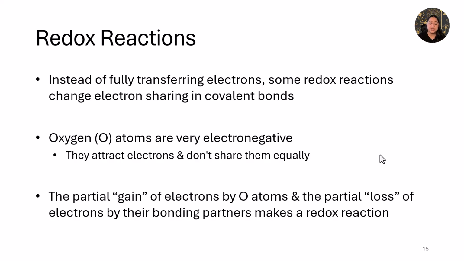Like I mentioned, oxygen atoms are very electronegative. They attract electrons and don't share them equally. They're that stingy toddler. So the partial gain of electrons by oxygen atoms and the partial loss of electrons by the bonding partner still makes this a redox reaction.